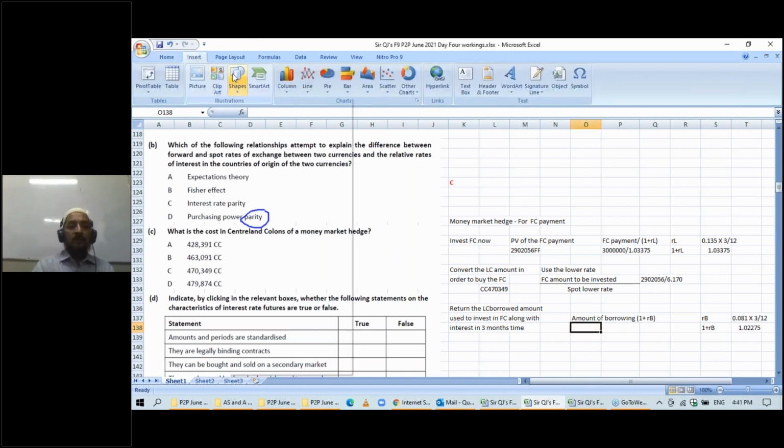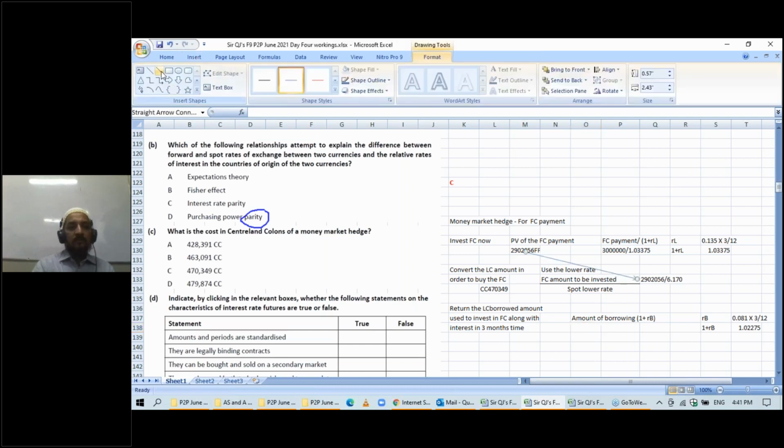Now let me link the amounts to make it easier for you. So the step 1 amount is plugged into the step 2, and then the step 2 amount is plugged into the step 3.